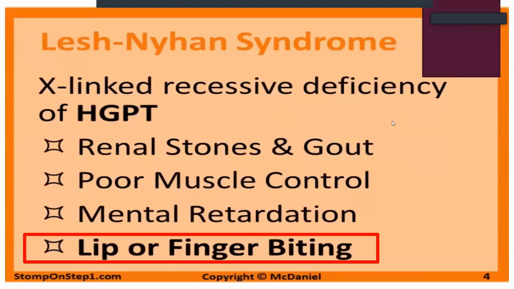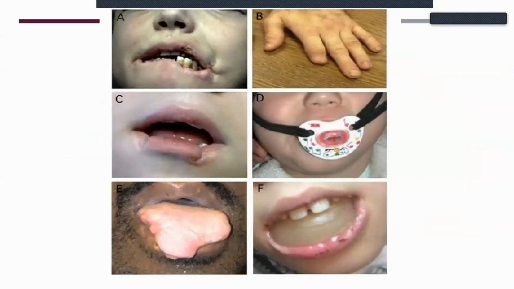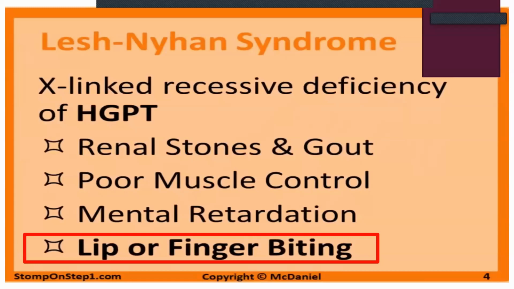So if this enzyme is deficient, there will be renal stones, there will be gout, there will be poor muscle control, mental retardation, and the most important feature, lip or finger biting. The patients that you see, this is not because of the disease itself. This is because they are biting their own lips, their tongue, their fingers. Okay. So this disease is also called lip or finger biting disease.